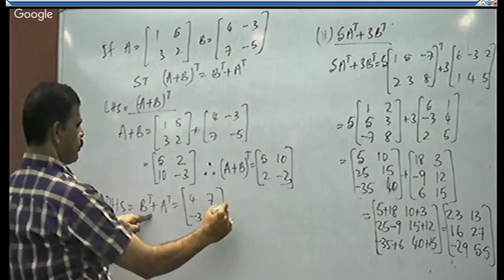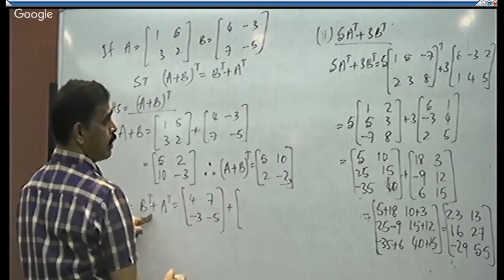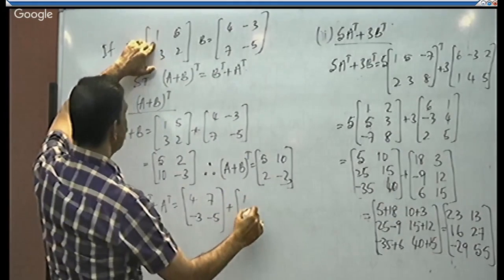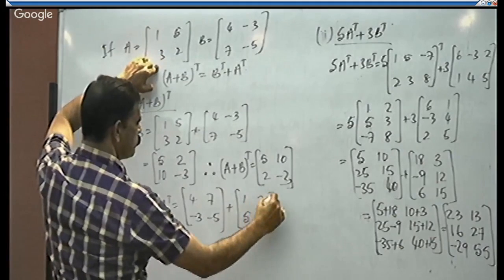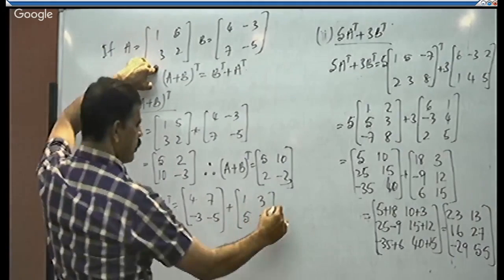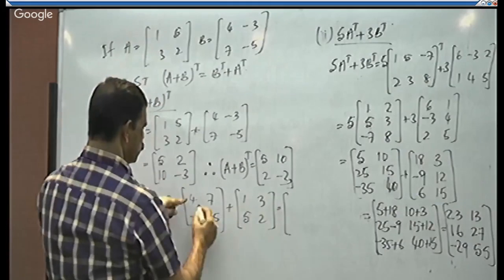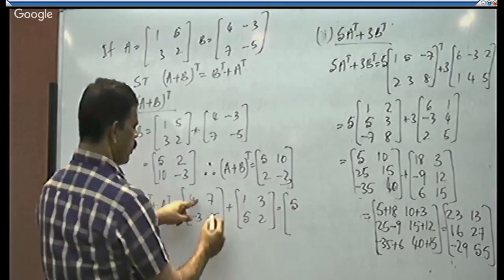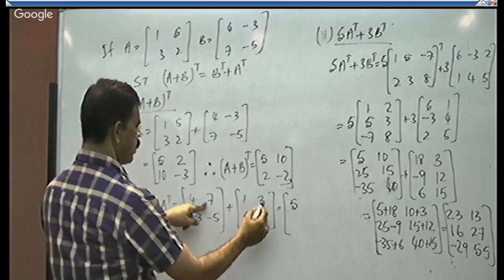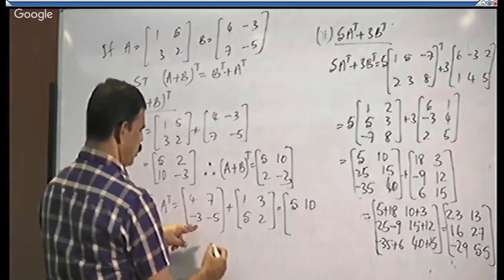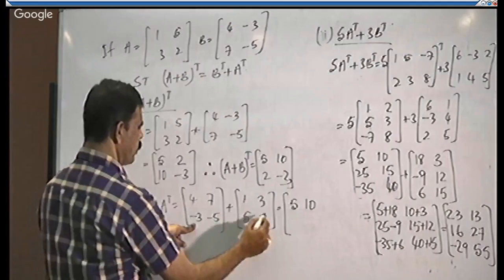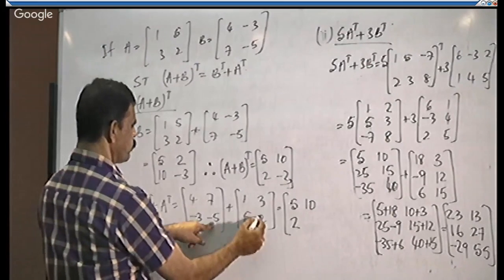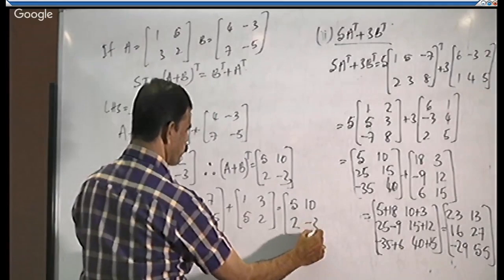Next plus write directly A transpose. This is A. A transpose is what? 1, 5, 3, 2. That is equal to 4 plus 1 is what? 5. 7 plus 3 is what? 10. Minus 3 plus 5 is what? 2. Minus 5 plus 2 is what? Minus 3.